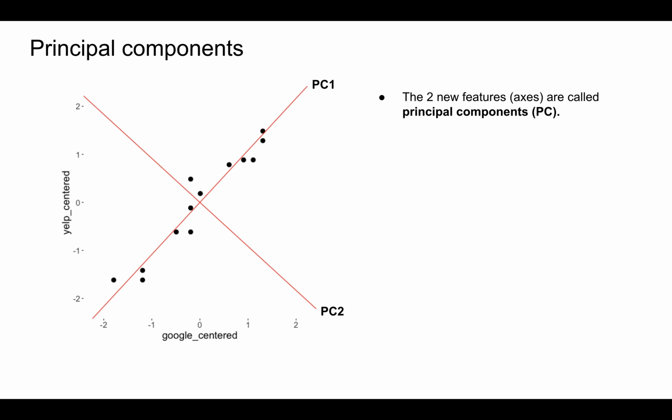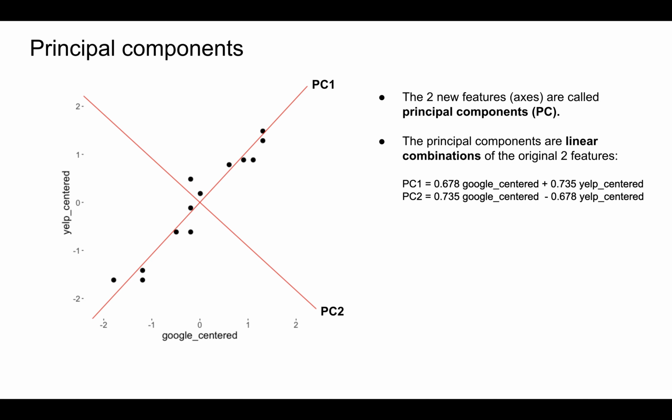Further, these 2 new features, or principal components, are linear combinations of our original 2 features. For example, the first principal component is obtained by 0.678 times Google rating, and then adding 0.735 times Yelp rating. The second principal component is obtained by 0.735 times Google rating minus 0.678 Yelp rating.